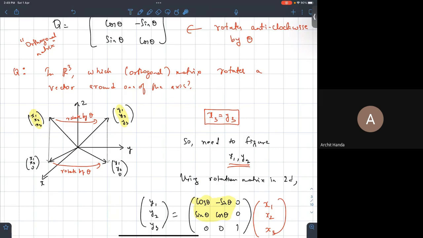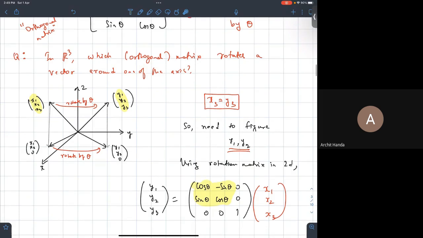The justification is that I can take these vectors, ignore the last bit, push them onto the xy plane and do the same rotation. Going from x1 and x2 to y1, y2 will follow the same argument. If I have to rotate here by theta, it's the same rotation I'll have to do here also. The angles won't change.